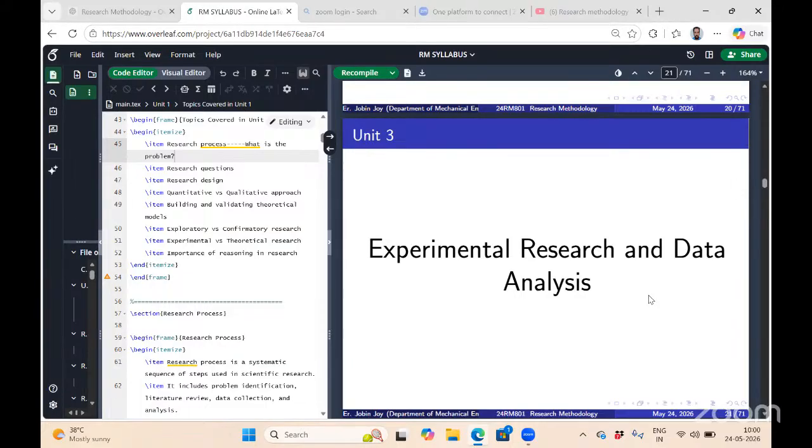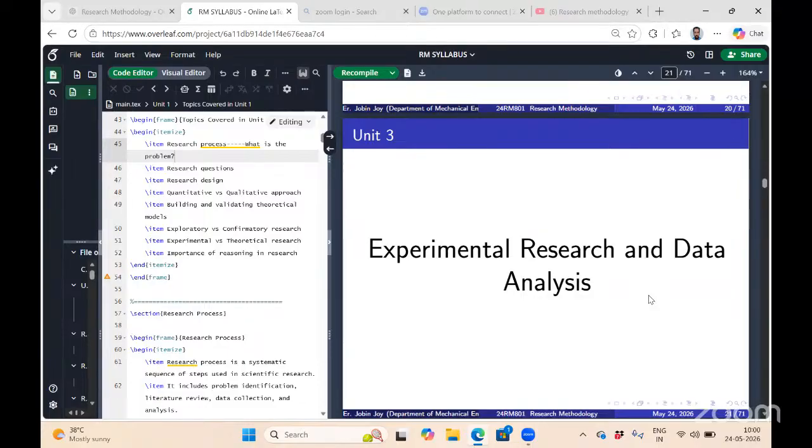This is what is called design of experiments, utilizing statistical techniques, that is, statistical design of experiments. We have factorial design, ANOVA analysis, regression analysis, response surface methodology, quality optimization studies, etc.